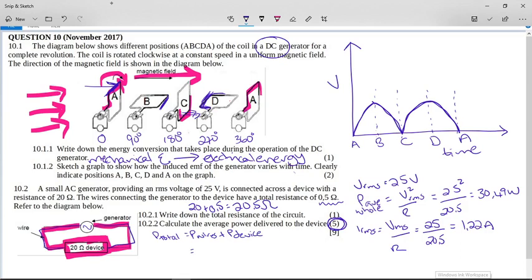So P total we knew was 30,49, and we want P device, so let's calculate P wires. So P wires, we're going to use this RMS current because it's for the whole circuit, because current is the same everywhere in a series circuit.